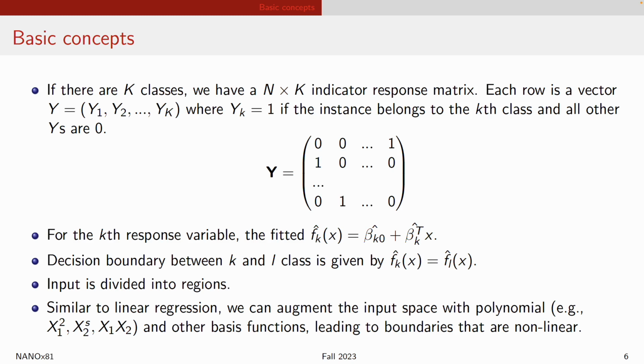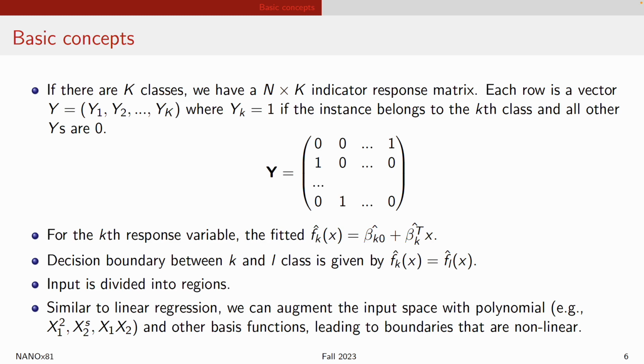Now, let's start with one of the simplest ways in which you can use a linear model to do a classification task, right? So if there are k classes, in other words, instead of the binary problem where we have just 2 classes, in a binary classification you only have metal, insulator, just 2 classes, right? But hypothetically, let's say you have k classes.